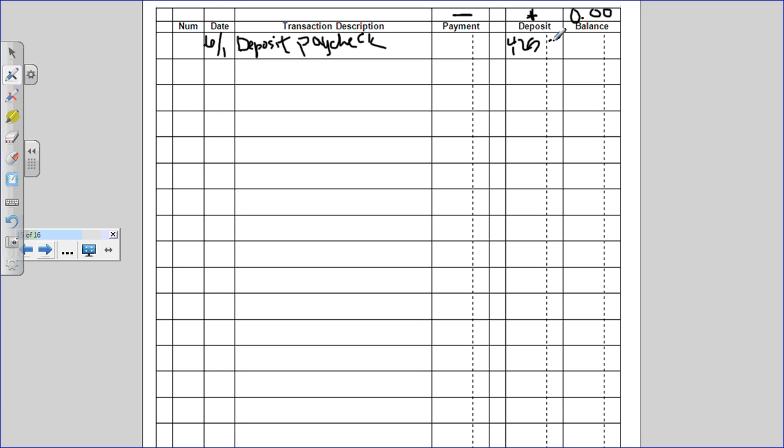Now this dashed line here that appears on mine, and I don't think it's on yours, it's a solid line, is to denote a decimal point. So the change should always go to the right side. So since it's a deposit, we want to add it. So in our balance column, we take the $425.36, add it to the $0 we have in our account, and our balance is $425.36. The balance column should be a running amount of how much you have in your account at any given time.